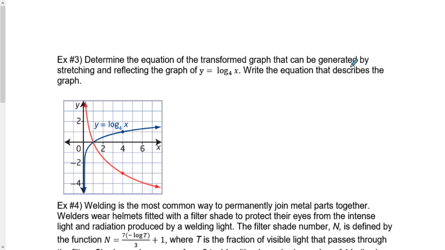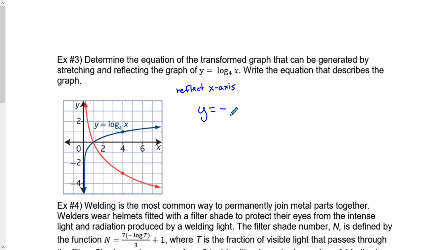This one says it can be generated by stretching and reflecting the graph of y equals log base 4 of x. Write the equation that describes it. So really, it's nice and simple. Obviously, we can see that this has reflected over the x-axis. What does that mean? Since it's reflecting over the x-axis, the number in front of our logarithm would have to be negative.